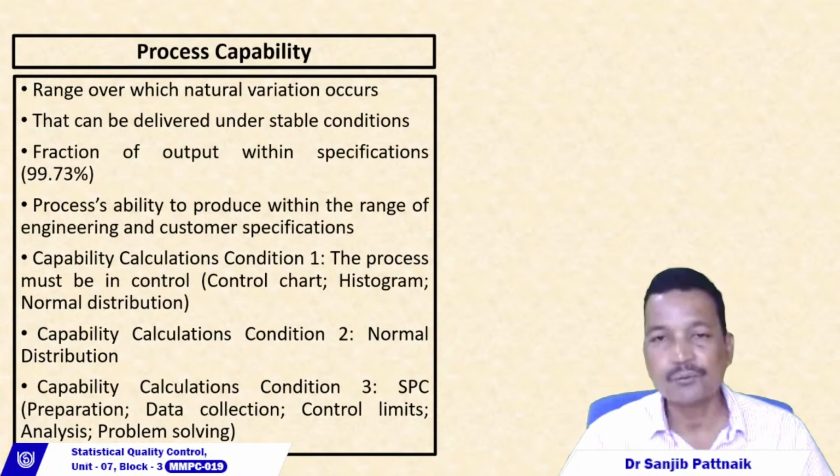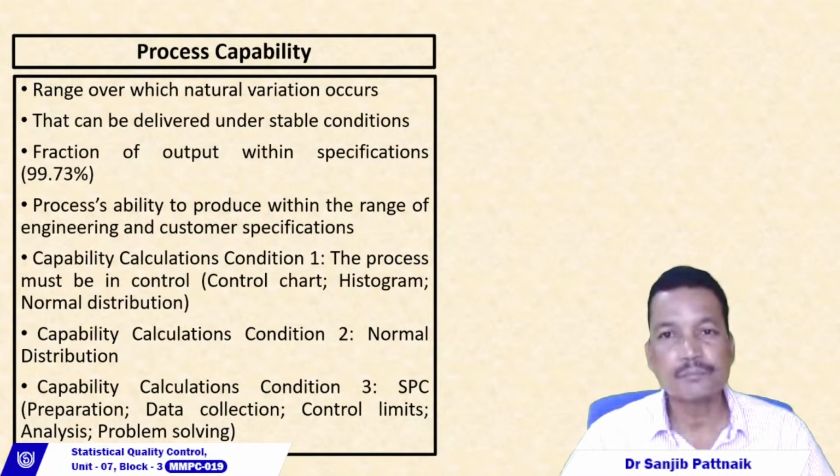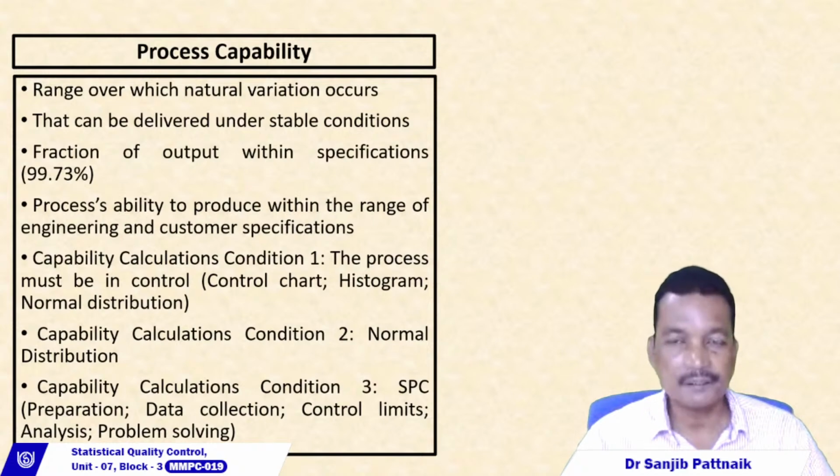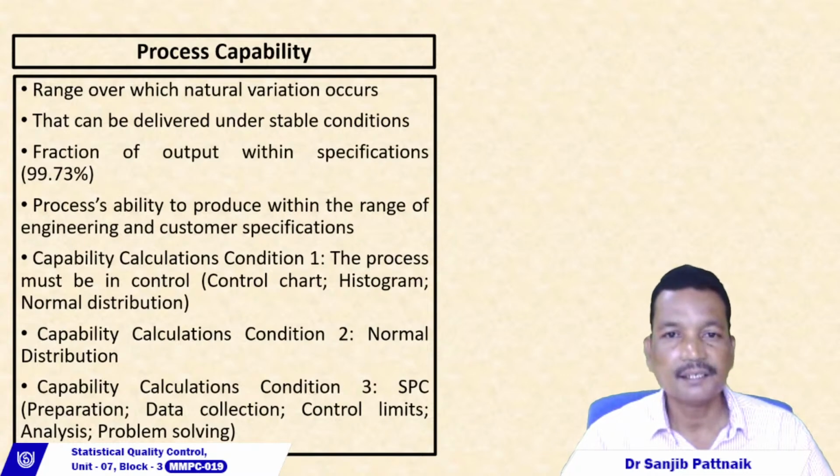The driving at the fuel efficient gear or the most economical speed, which may not always happen. So taking different conditions, stable conditions, whatever can be delivered is called process capability.